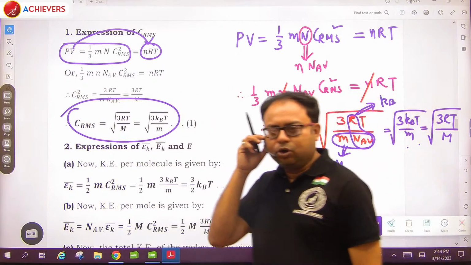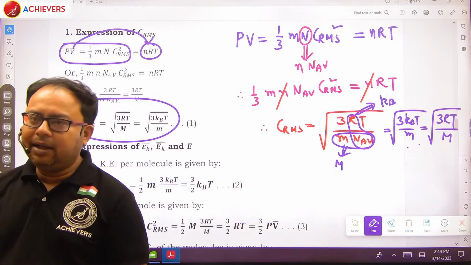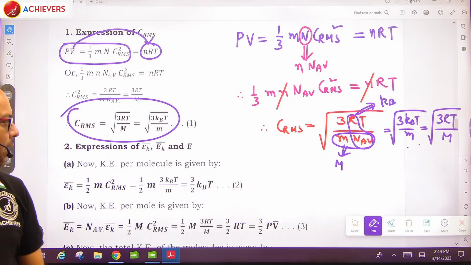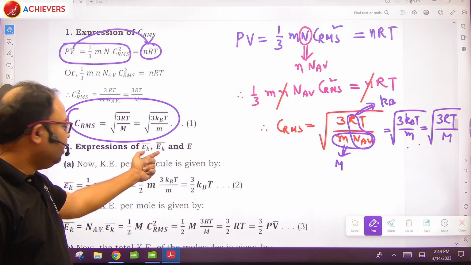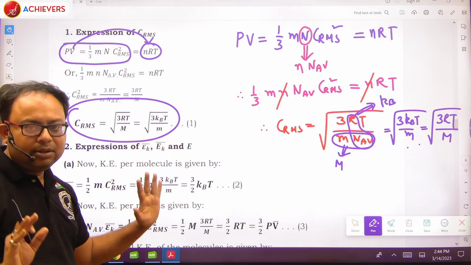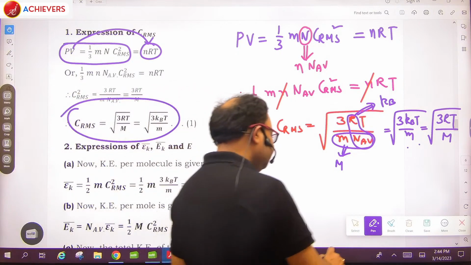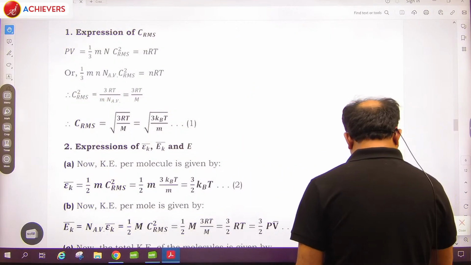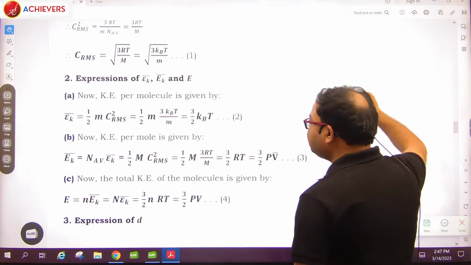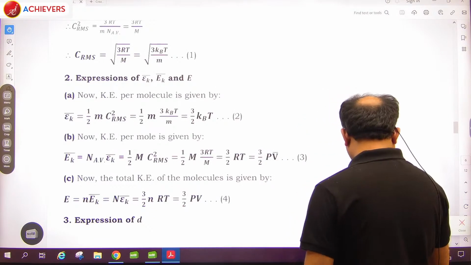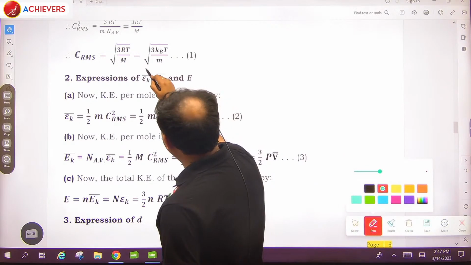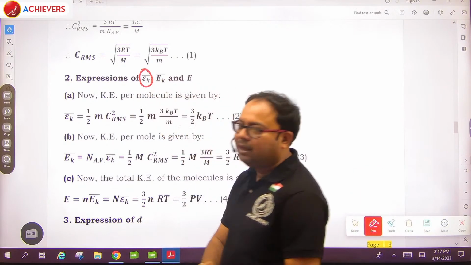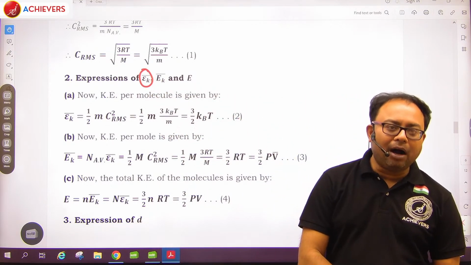Now, students, let us move on to the expressions of the energies. So let us represent the energy per molecule as epsilon k bar.